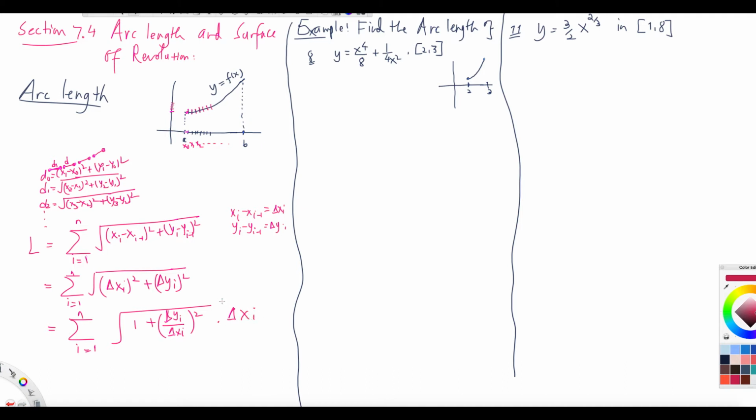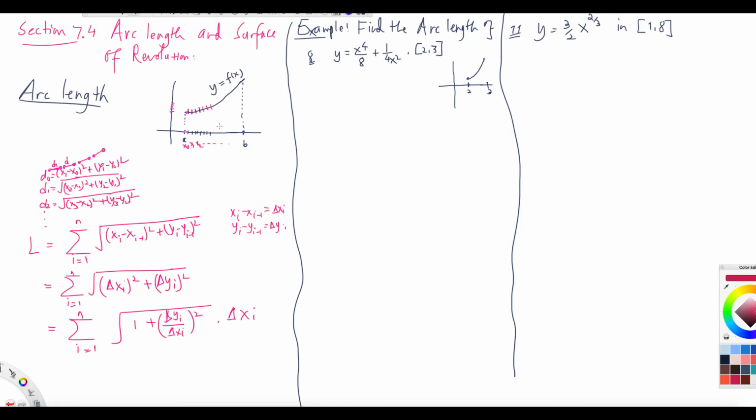Okay, now consider the case that the maximum of the delta x_i tends to 0, because the delta x_i may have different lengths. Delta x1 may be 0.5, delta x2 may be 0.6, delta x3 may be 1.5, like that. So consider the case that the biggest of these delta x_i tends to 0.